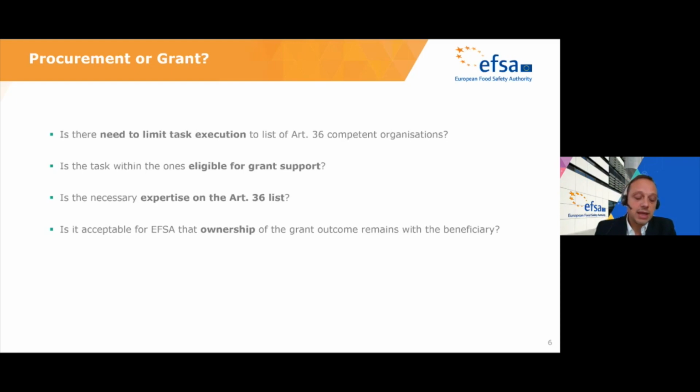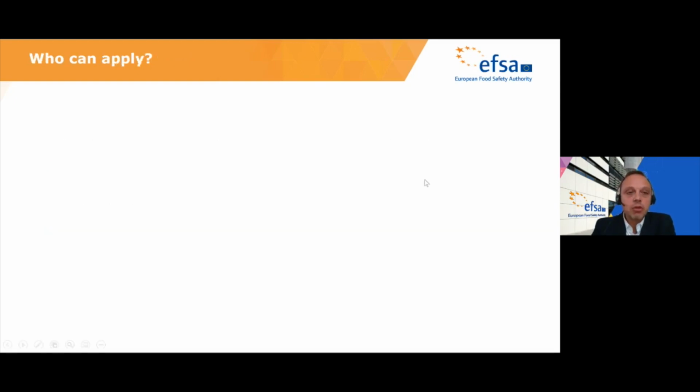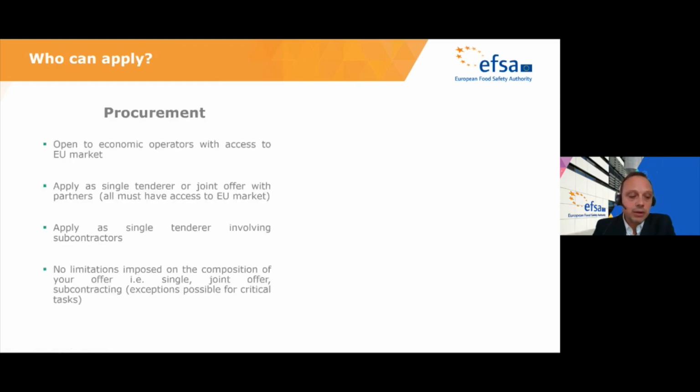This, of course, does not prevent EFSA from reserving rights for licensing and for use, but still it's a very different situation compared to procurement, where EFSA solely acquires the ownership of the result of the project.